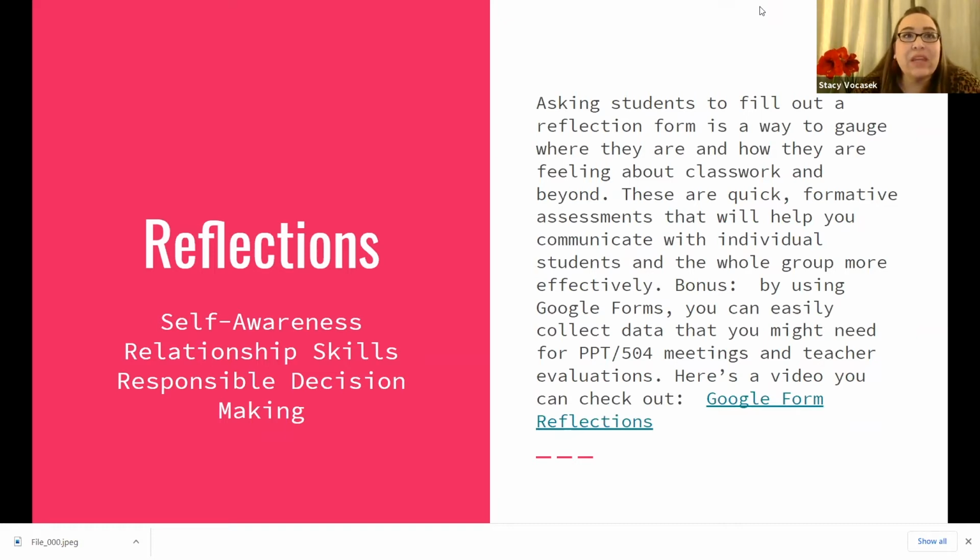My kiddos know that when they come to my class, we're going to spend a little bit of time at the beginning just talking and hanging out and asking questions and setting intentions and just being human with each other, because we're missing so much of that.